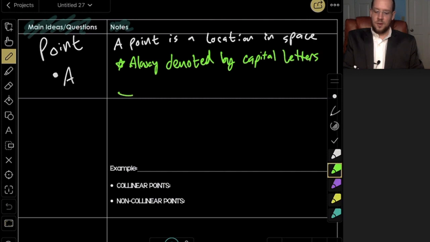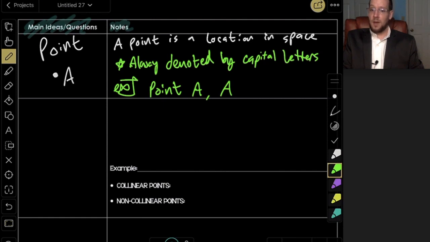So for example, we have the point A. You could also just call this A, because points are denoted by capital letters. So if you write the capital letter A, it means the point that is named A. And that's what we got.